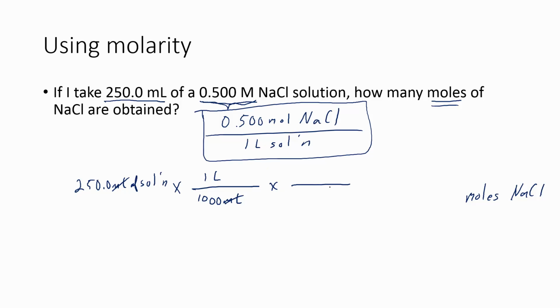Now I can use this because liters are on the bottom. And there we go. My units of liters of solution cancel. I'm left with moles of sodium chloride, which is what I want. So 250 divided by 1,000 times 0.5, I would get 0.125 moles of sodium chloride. And 3 sig figs is what we can justify with that number.